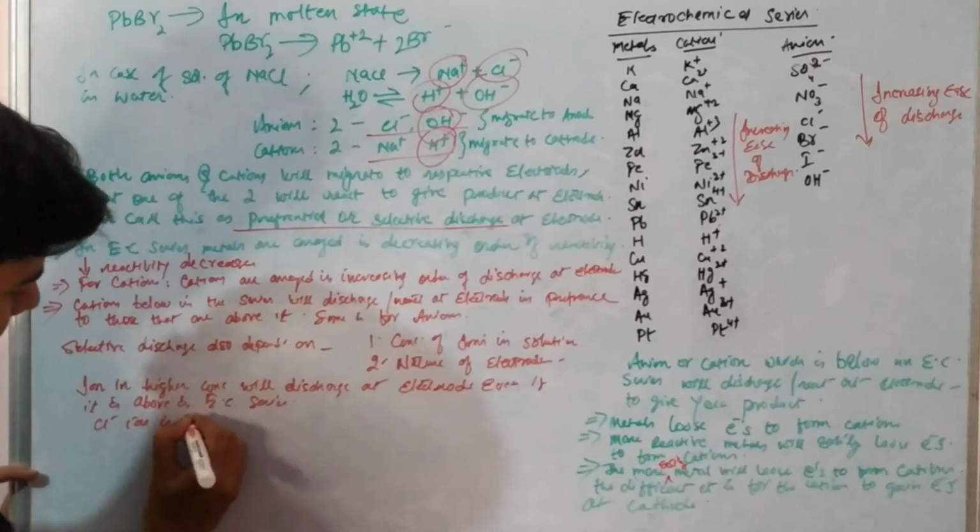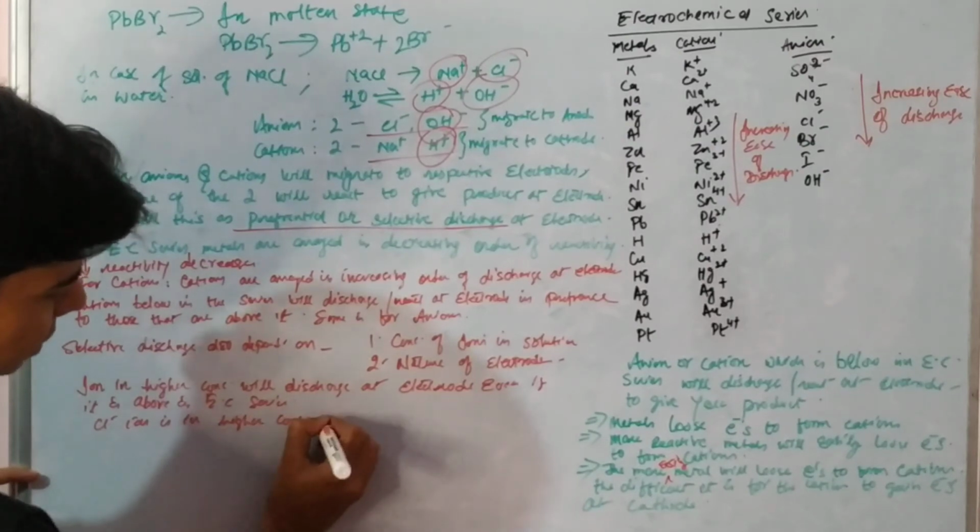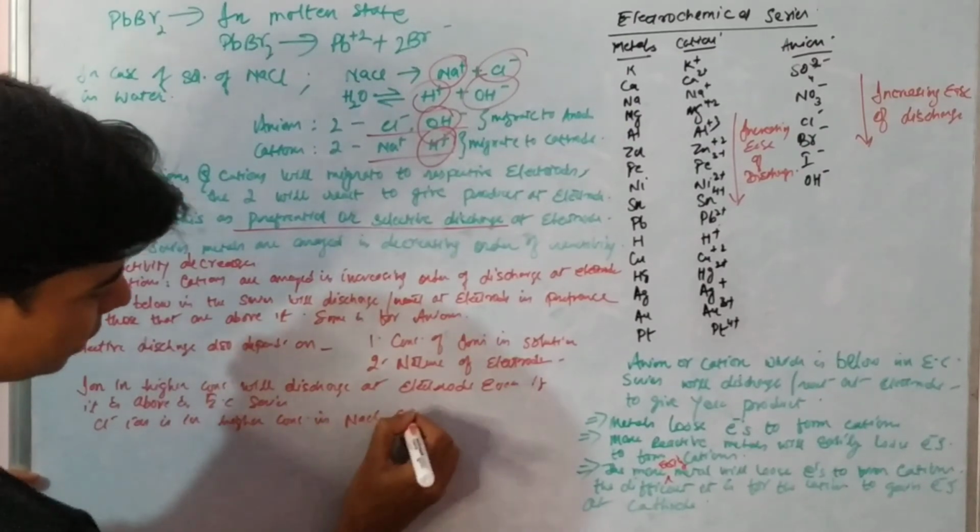Chloride ion is in higher concentration in sodium chloride electrolysis.